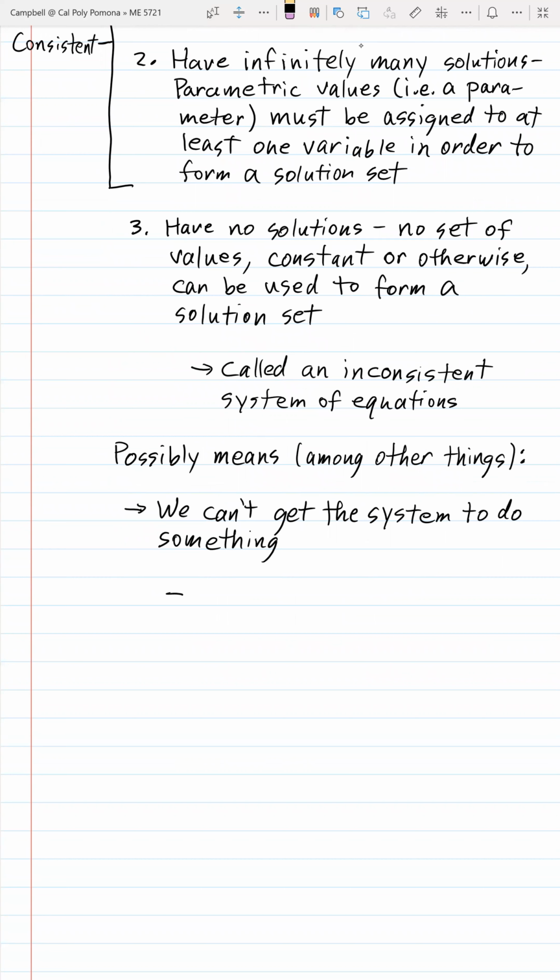And so the way I like to refer to that is that you can't get there, wherever that "get there" means in the context of those constraints. You can't get there from here.